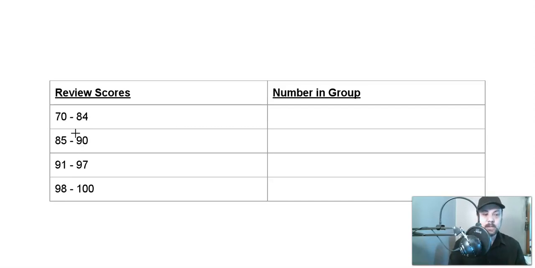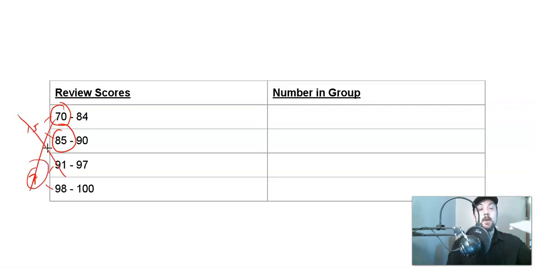Here, the difference between this lower class limit and this lower class limit is 15, whereas here it's 7. And so it's a poorly constructed frequency distribution. The class width should be the same throughout the entire frequency distribution for it to be valid.